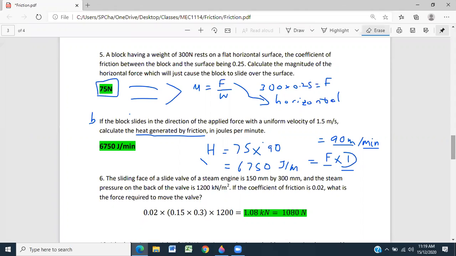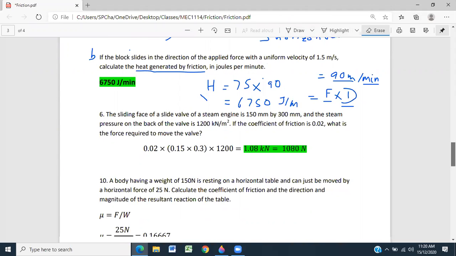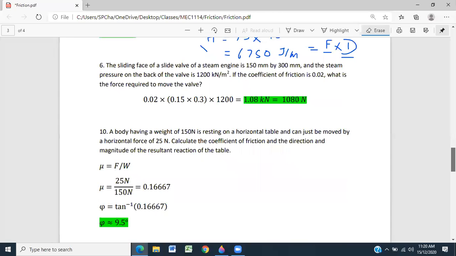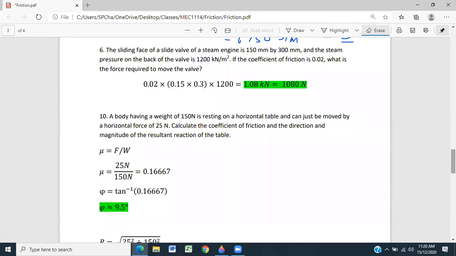It's the work done over a period of time, so it's like how much power is used. In a roundabout way, you can think of this as power. But they asked us specifically for these units, so this is what you want. Okay, no more questions on that. Let's continue.